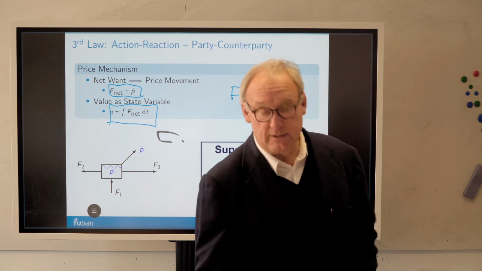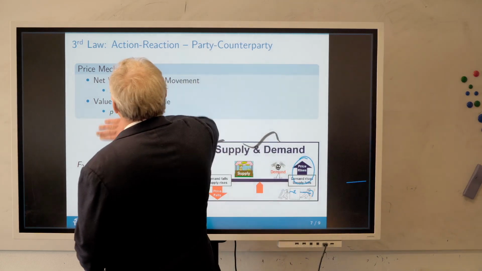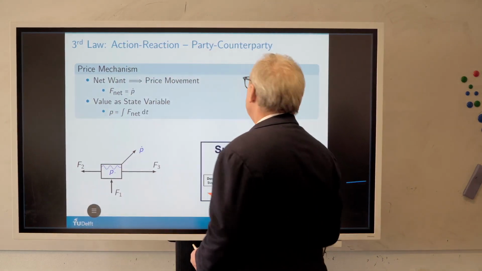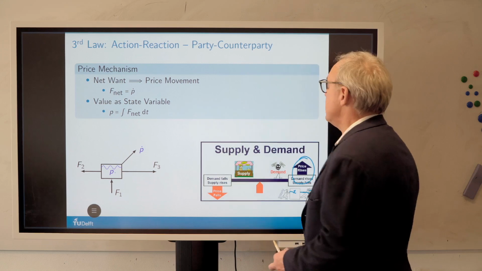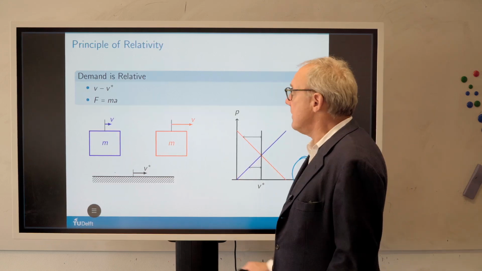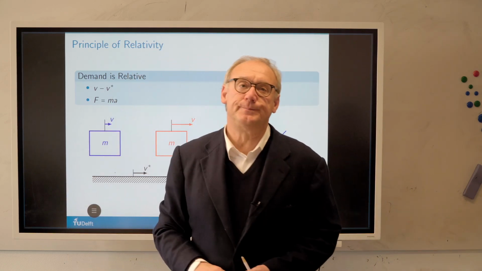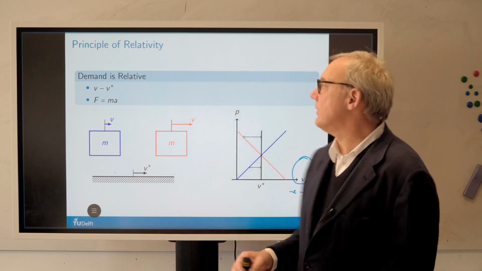Now, with those three laws, we're basically there. Next lecture, what I'll do is clear up all this business about how you do this in practice, and how you can see this as what's called the principle of relativity.